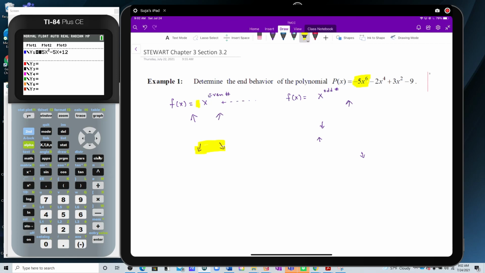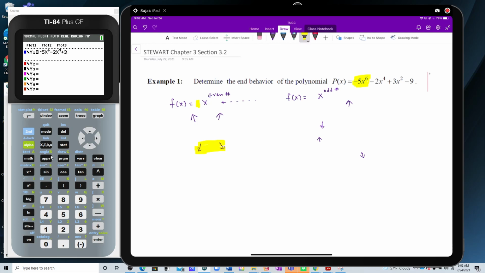Y equals, let me clear this, negative 5x to the power of 6 minus 2x to the power of 4 plus 3x squared minus 9. I have to hit that arrow here.